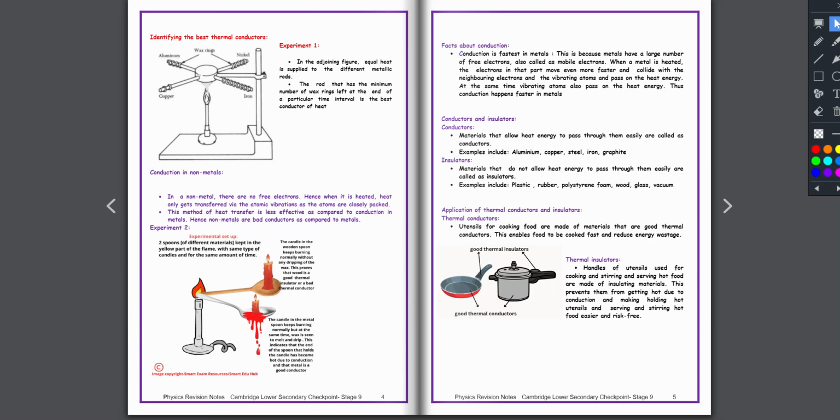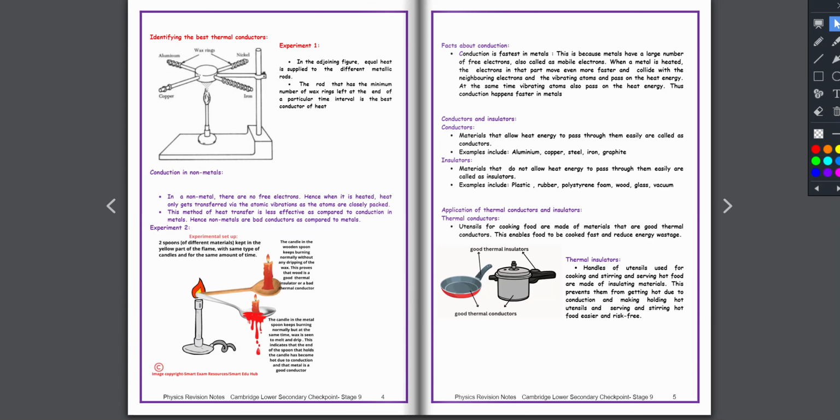So here it is written: when a metal is heated, the electrons in that part move even faster and collide with the neighboring electrons and the vibrating ions and pass on the heat energy. At the same time, vibrating ions also pass on the heat energy. So I shall make the correction in the notes and re-upload them. Apologies for that error, but it's very important for me to correct it.